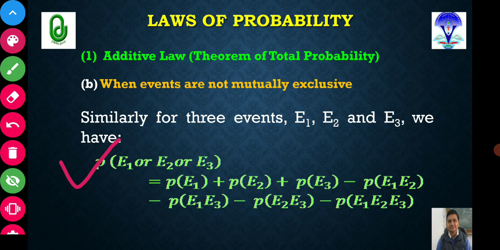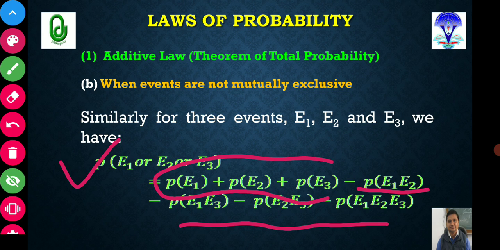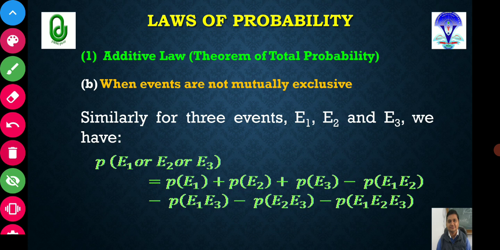So all these joint occurrences will be subtracted from the sum of individual probabilities of all the 3 events. In practical classes, when you solve the numerical problems, you will realize how this formula works, and then you will get a clear-cut idea.